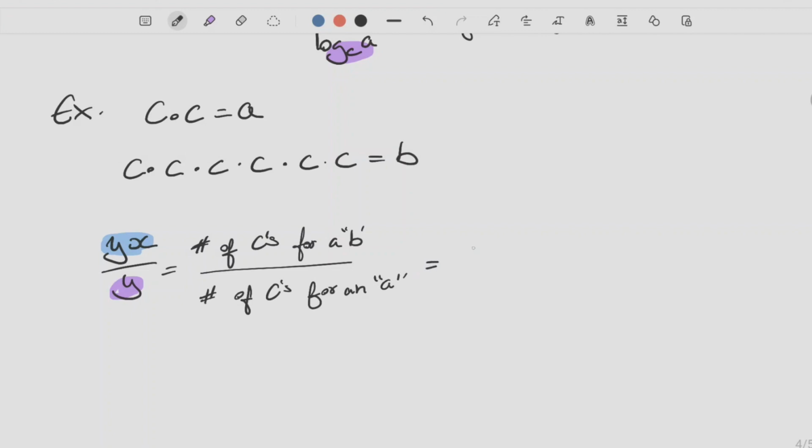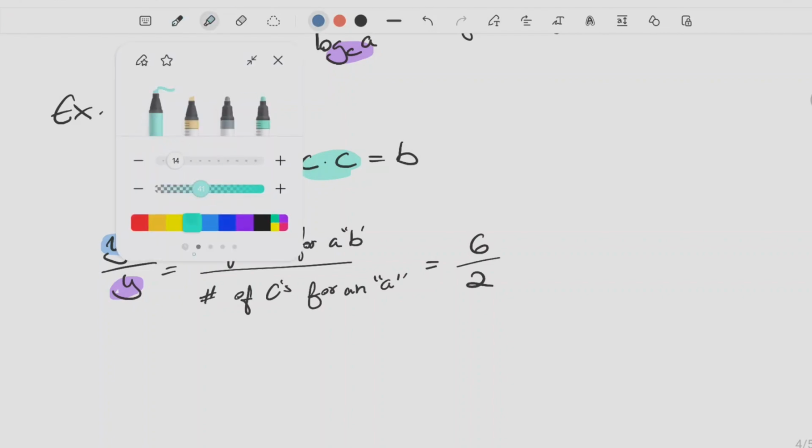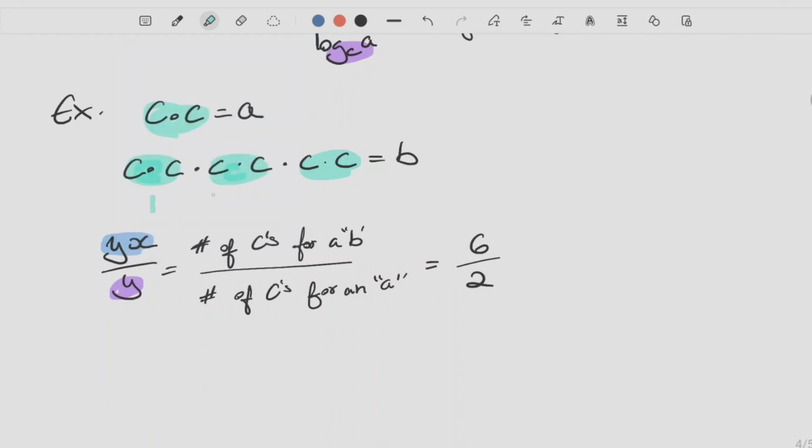Number of c's for a b, well, there are 6 of them, and number of c's for an a, there are 2 of them. So what we're doing is grouping together the number of a's that are in b, right? We're saying, okay, this is an a, let's now divide the 6 by 2. And so how many of these 2 c's do we have? Oh, there are 1, 2, 3 of them. So this equals, in this particular case, 3.